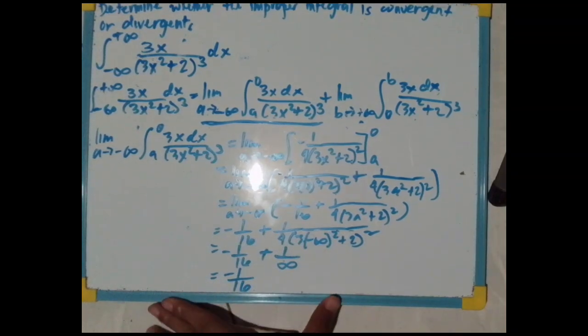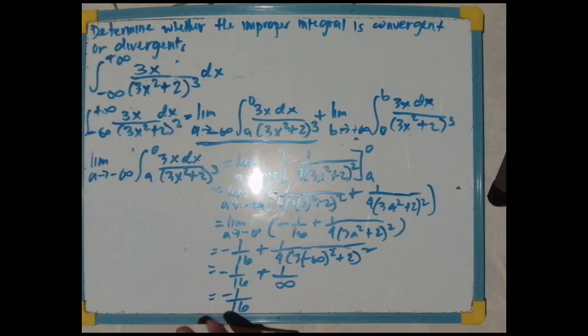Then applying the limit, we are left with negative 1 over 16 plus 1 over 4 times the quantity of 3 multiplied by negative infinity raised to 2, plus 2, and raised to the power of 2.